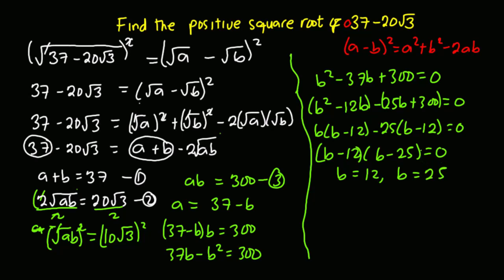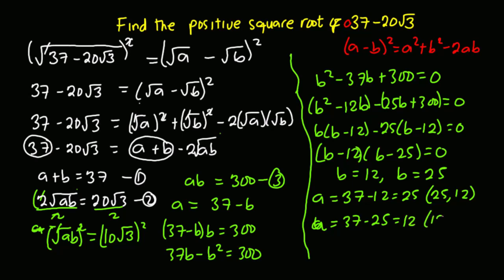So now if B is equal to 12, let's look at what we get for A. If B is equal to 12, A will give us 37 minus 12, which will be 25. So the values of A and B in this case are 25 for A and 12 for B. Then if B is equal to 25, then A will give us 37 minus 25, which will give us 12.